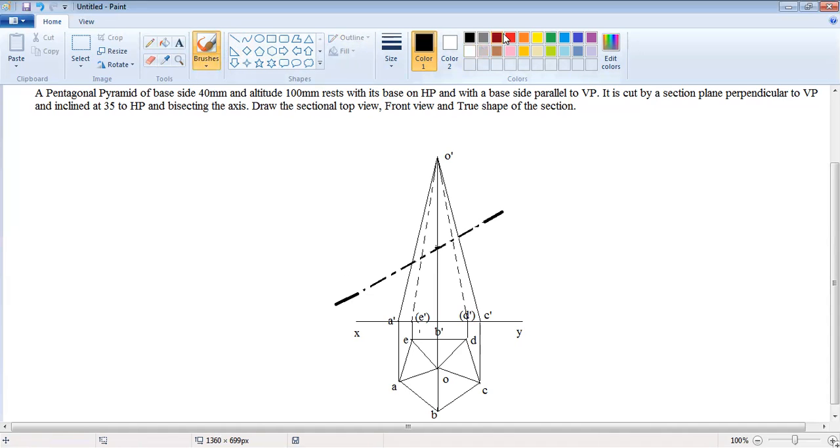Then mark the points at which the edges are cut by the cutting plane.